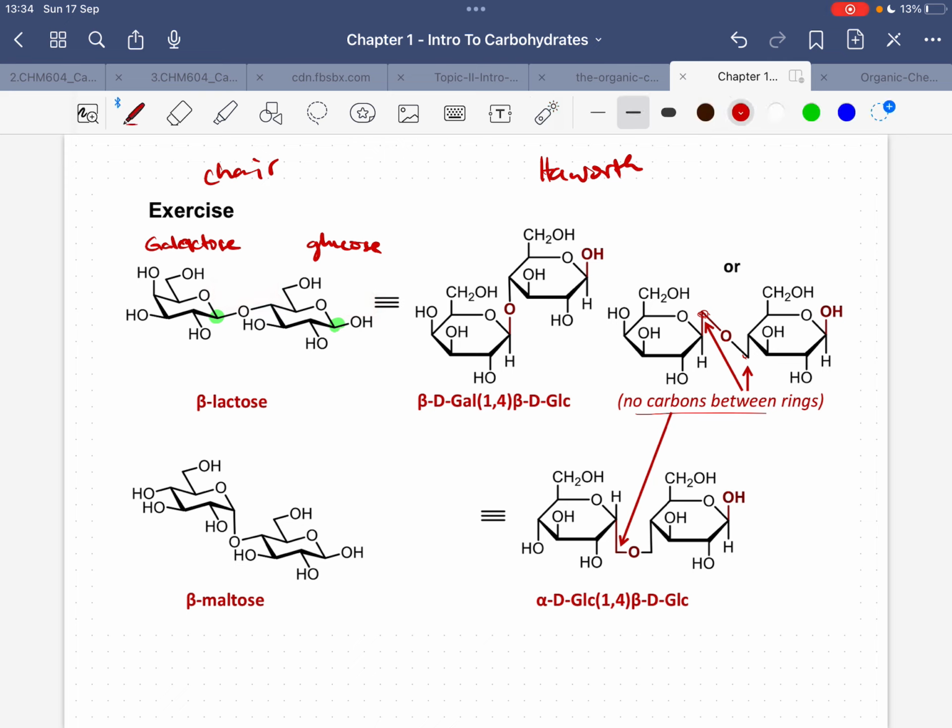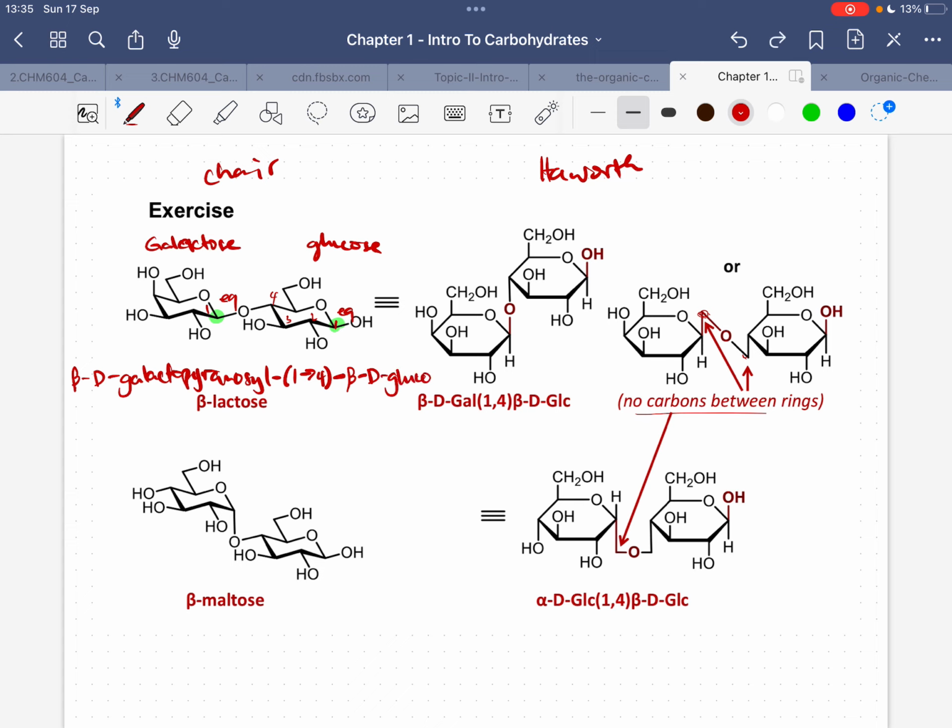Okay? So to name this, it will be beta because it's equatorial here, and also here it's equatorial. So it's going to be beta-D-galactopyranosyl dash, and this is carbon 1, this is carbon 1, 2, 3, 4, so 1 to 4 dash, this is beta-D-glucose.